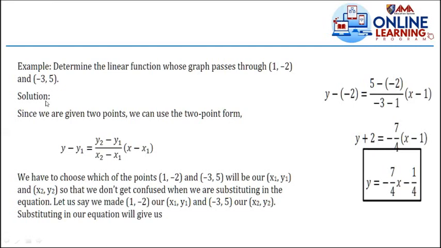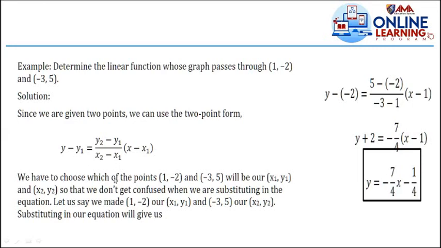So, solution. Since we are given two points, we can use the two-point form formula. This is our equation: y minus y1 equals y2 minus y1 divided by x2 minus x1, multiplied by x minus x1.